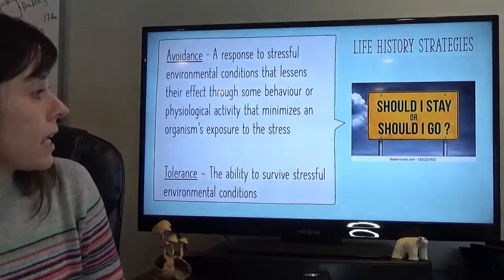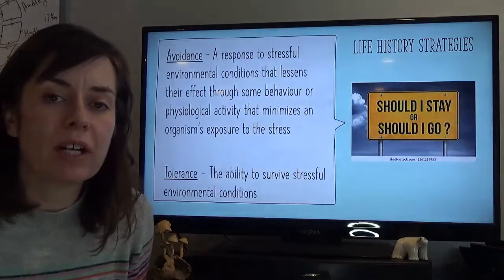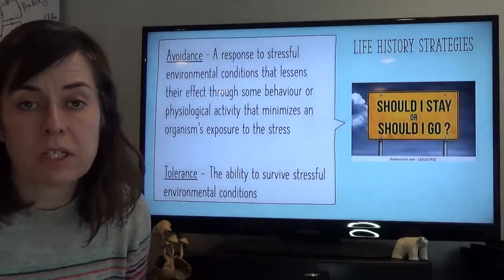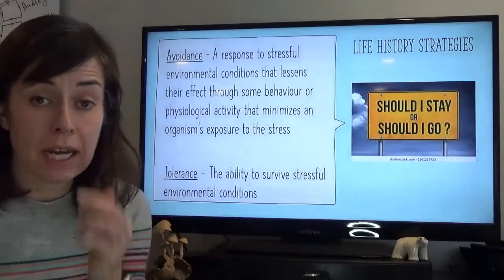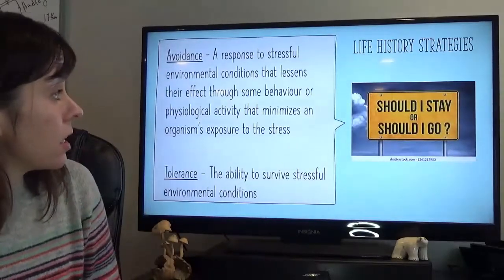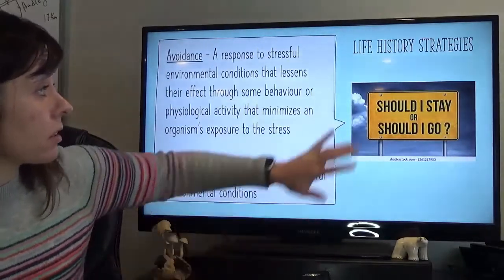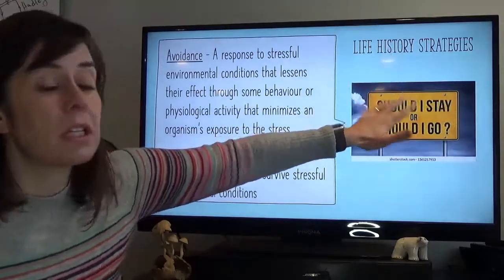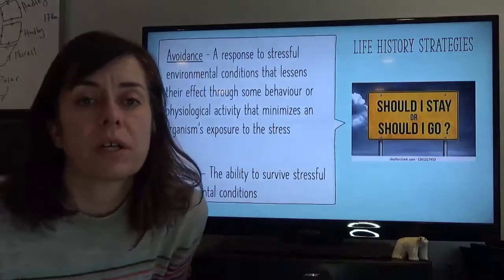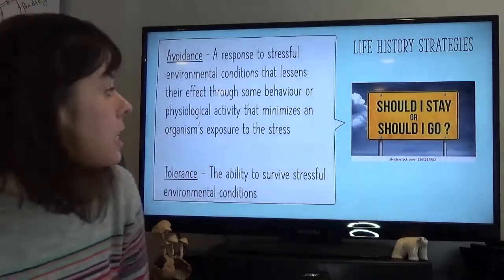So when we are thinking about environmental variation and the response of different taxa to it, we talk about different life history strategies and the ability of different species to deal with environmental stress.